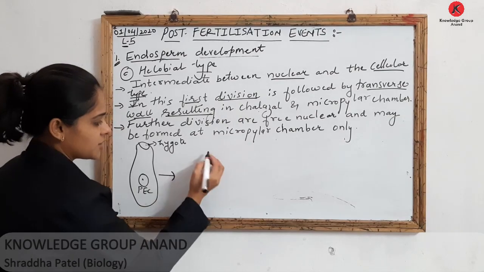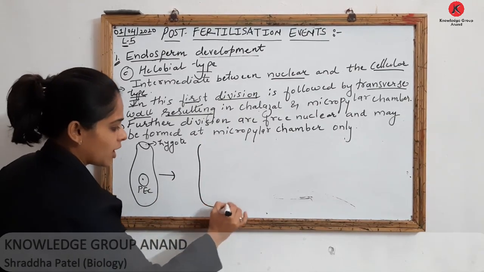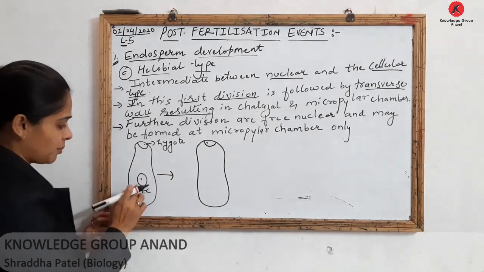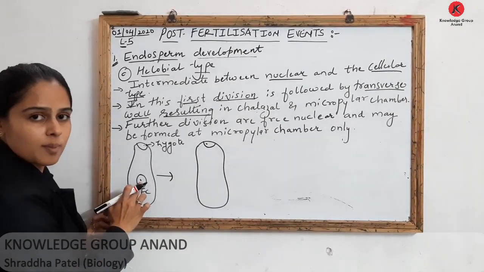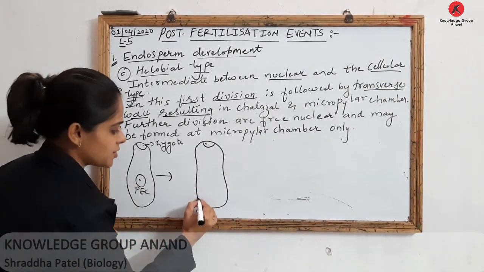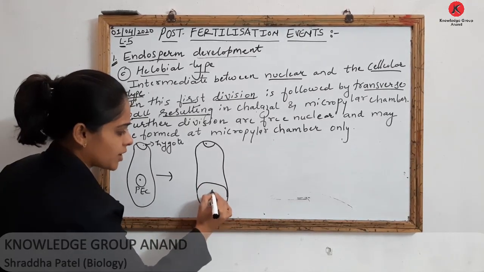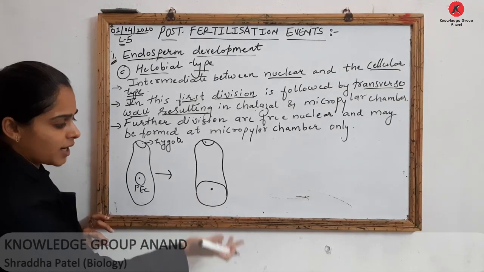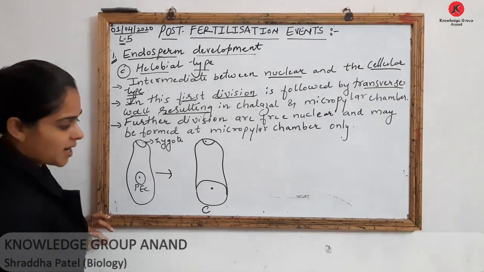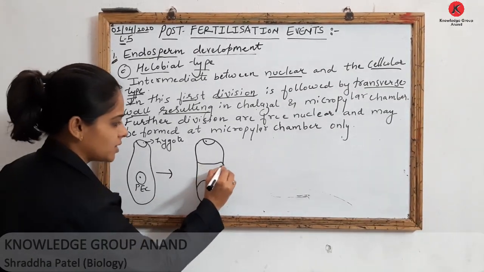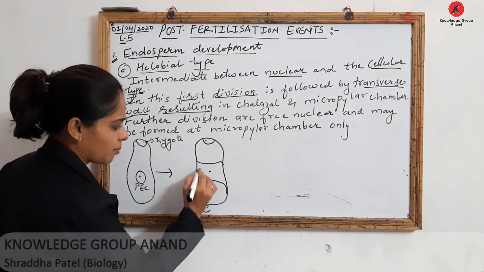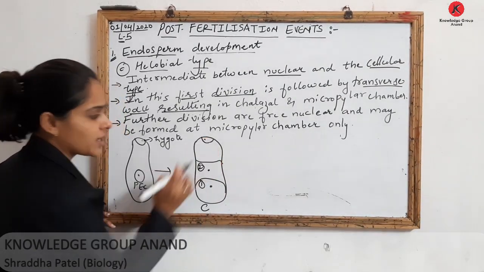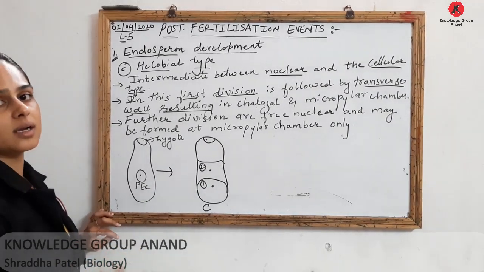Now what happens, first division जो मैंने आपको बोला वो कैसा होता है, like your cellular type, मतलब karyokinesis followed by cytokinesis which results in formation of two cells. This is your cell number 1 which is located at your chalazal side, and say for example this is your cell number 2. Okay, ये 1 and ये 2 which is located at your micropylar side.